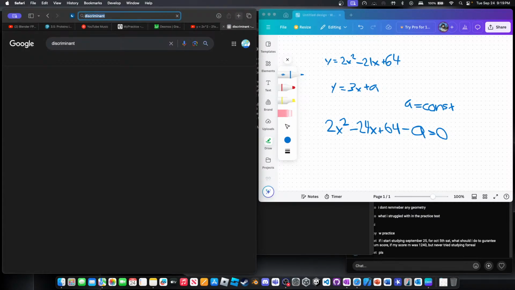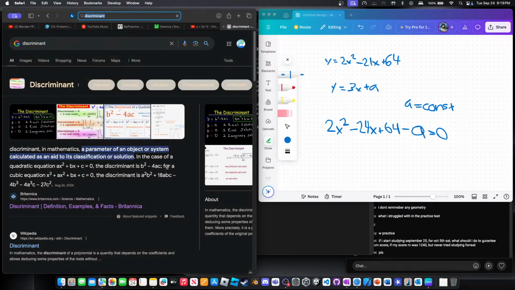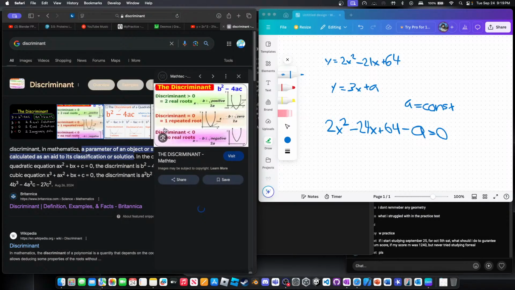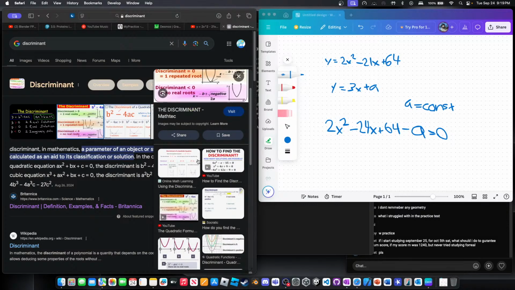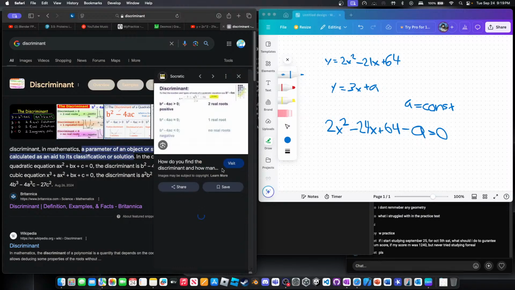Is it just one formula? What is the discriminant?